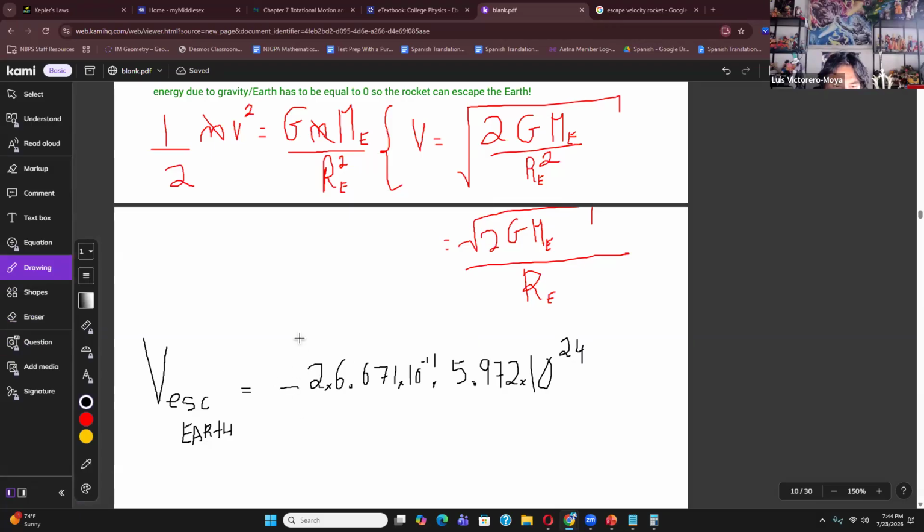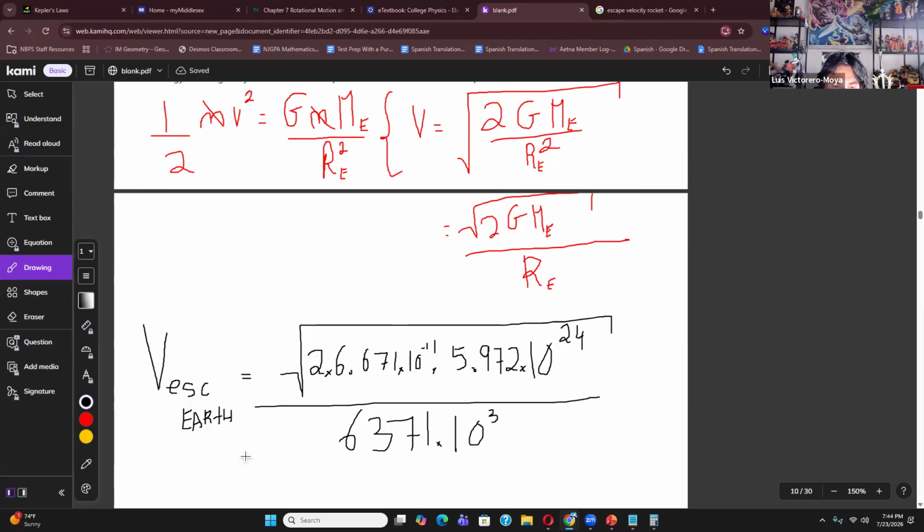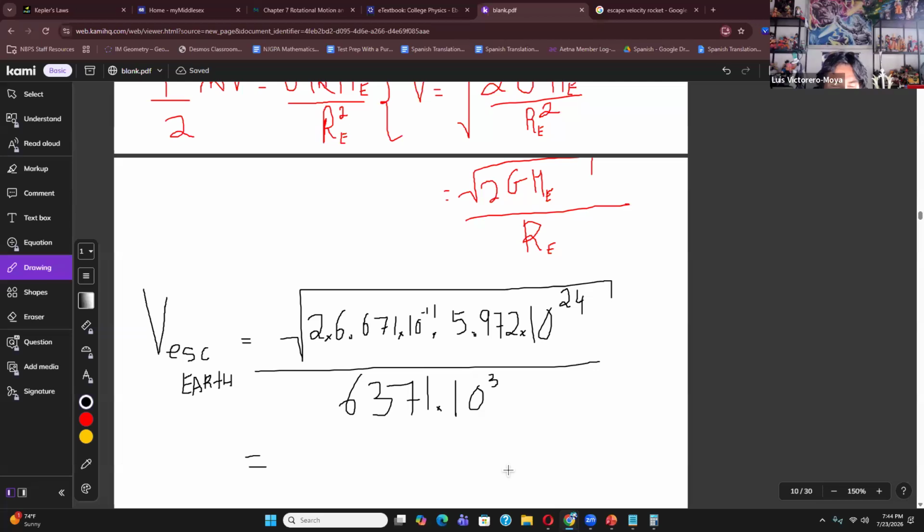Square root of all that, divided by the radius of the Earth, 6,371 kilometers, so times 10 to the 3. Find it in kilometers per second.